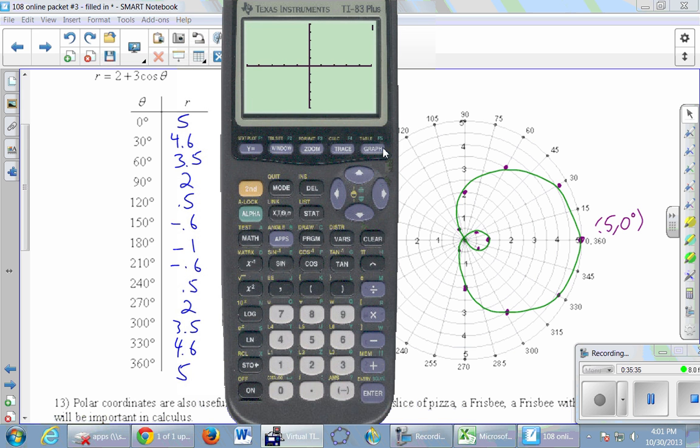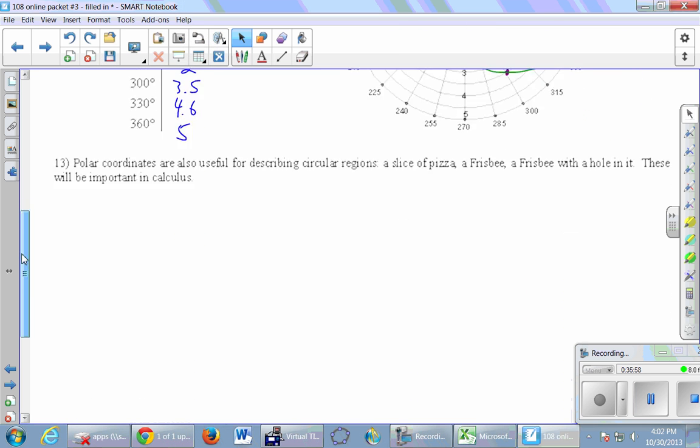It's going to plot more points, but the downside is it's going to take longer. And so you can see it's going much slower. And we know what this thing looks like already. But the smaller you make that theta step, the more accurate your graph. But the downside is that it takes longer to graph. So you've got to find the balancing act between time and accuracy of the graph. It's still going, you just have to be patient while it's doing its thing.